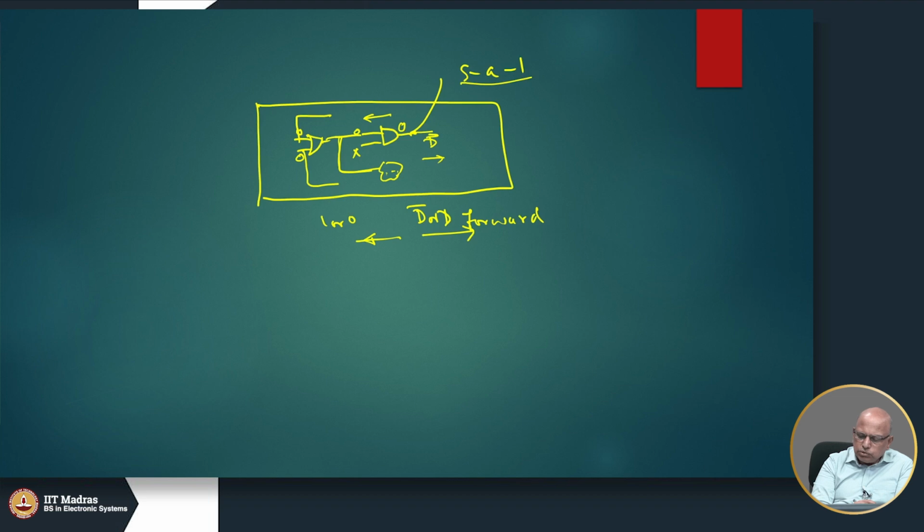So, if it manages to get a D or a D bar at one of the outputs, and if the inputs have been selected such that we can activate the fault, then the D algorithm concludes and says, I have found a test vector.